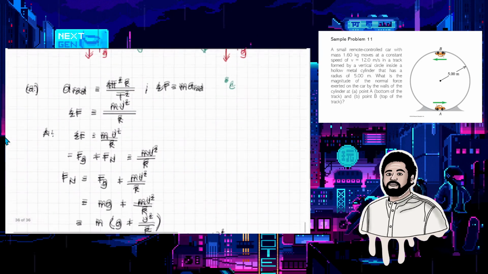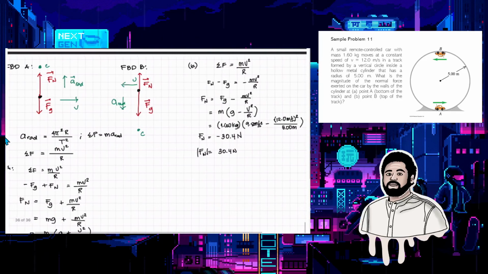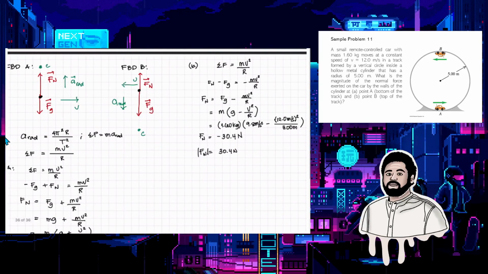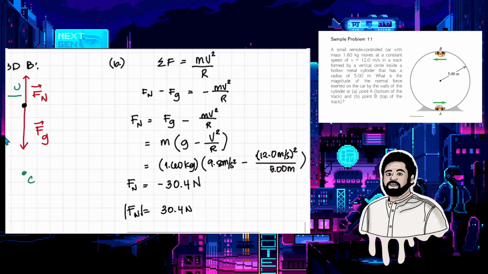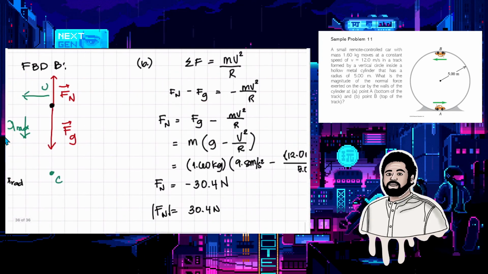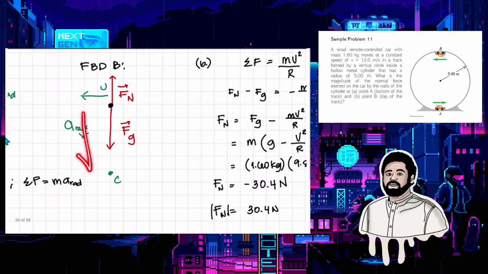Meanwhile, for the solution for letter B, the normal force at the top, you have Fn minus Fg equal to, and this is the only difference, a negative radial acceleration. Because you have a center-seeking radial acceleration, it is pointing downwards.